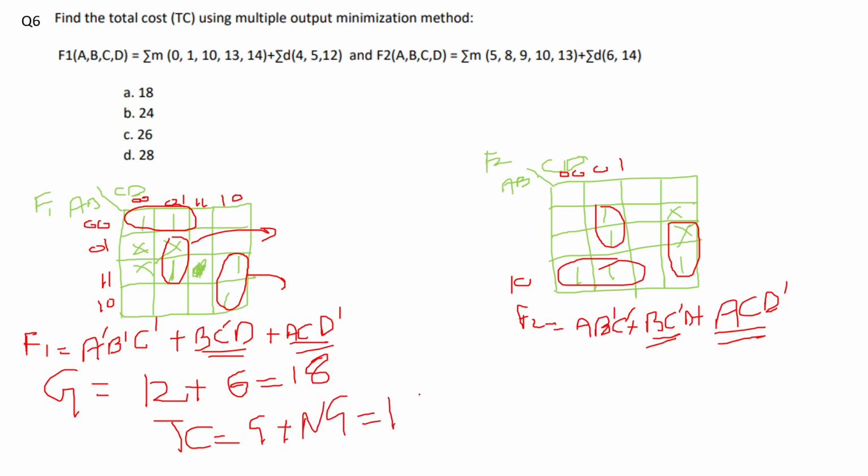So g is 18, number of gates will be 4 AND gates and 2 OR gates. So that is 4 plus 2. So 18 plus 4 is 22, 22 plus 2 is 24. So the total cost will be 24. This is using multiple output minimization method.